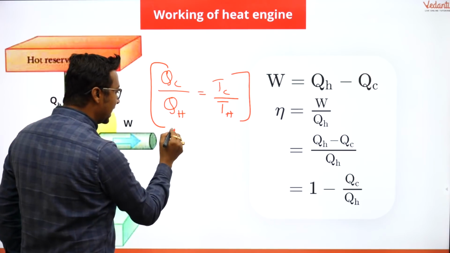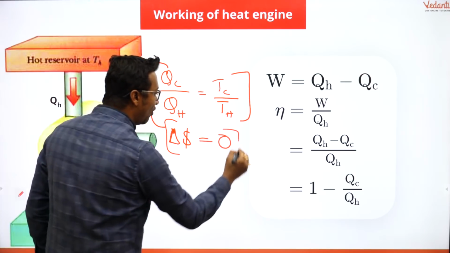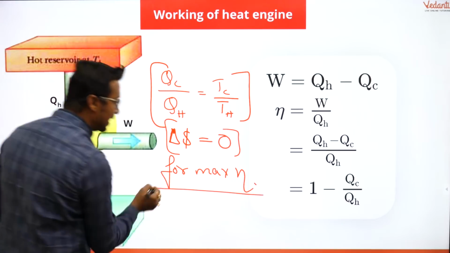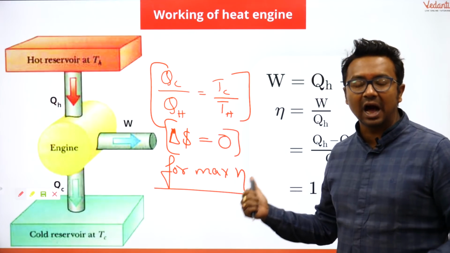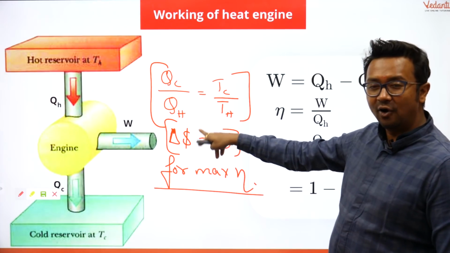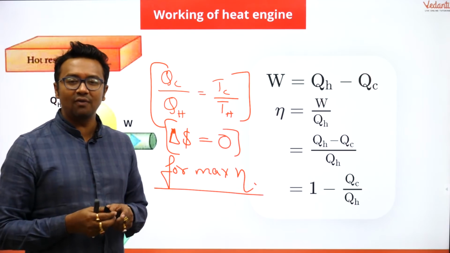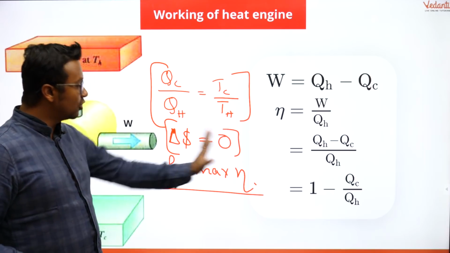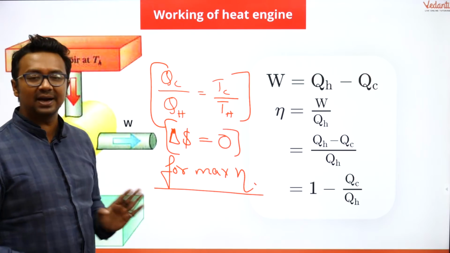We had calculated the entropy of an engine and equated it to 0 for maximum efficiency. This is also something that we are going to look at in the working of a Carnot engine. In the Carnot engine, we are going to derive exactly the same thing. However, it comes from the fundamental concept of the change in entropy. Maximum efficiency will come when the change in entropy is equal to 0, for which we get QC by QH equal to TC by TH.